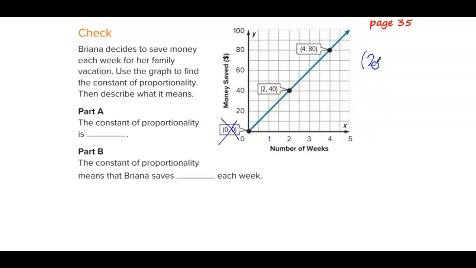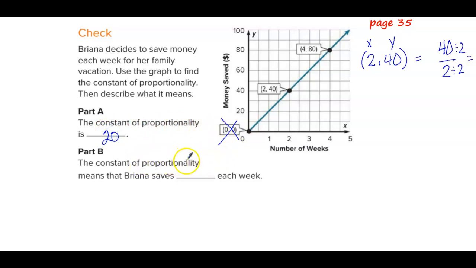If we were to take the point (2, 40), all right, 2 is our x, 40 is our y. We're going to write this y over x and then divide top and bottom by the bottom, which gives us a constant of proportionality of 20/1. So when it just asks for the constant of proportionality, just give it the top number, 20.